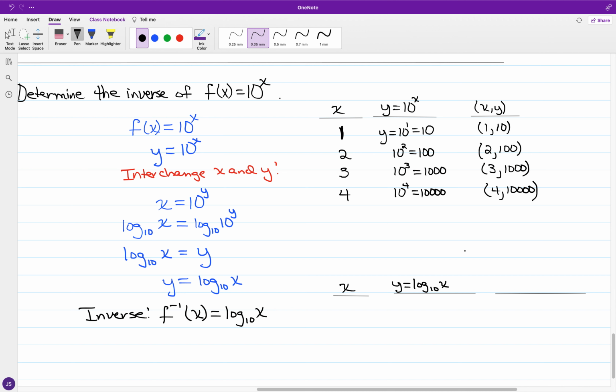Base 10 logarithm exists in your scientific calculator, and you're not going to see the base 10 notation. Instead, chances are you're just going to see log. So log in your calculator references a base 10 logarithm.